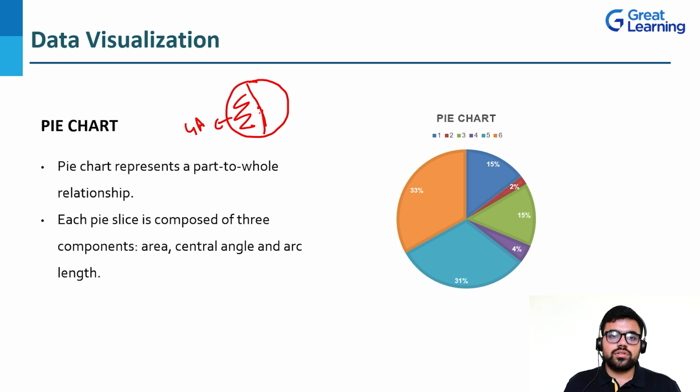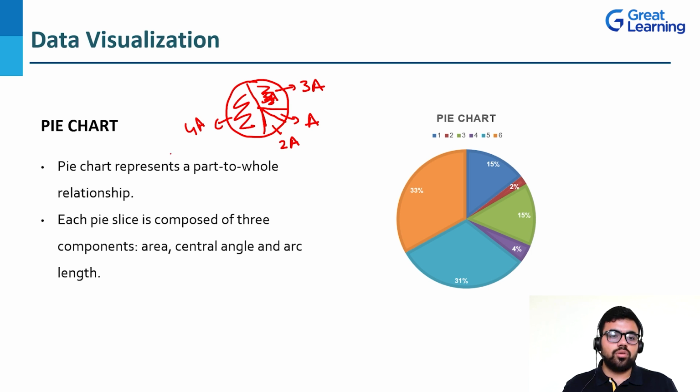The friend with 3 apples will get a slightly lesser chunk. The one with 2 apples will get a slightly smaller slice, and the one with 1 apple will get the smallest slice. So this is how a pie chart is represented based on the value in the data set. The more the value, the bigger the slice, or the bigger the percentage of that particular slice.